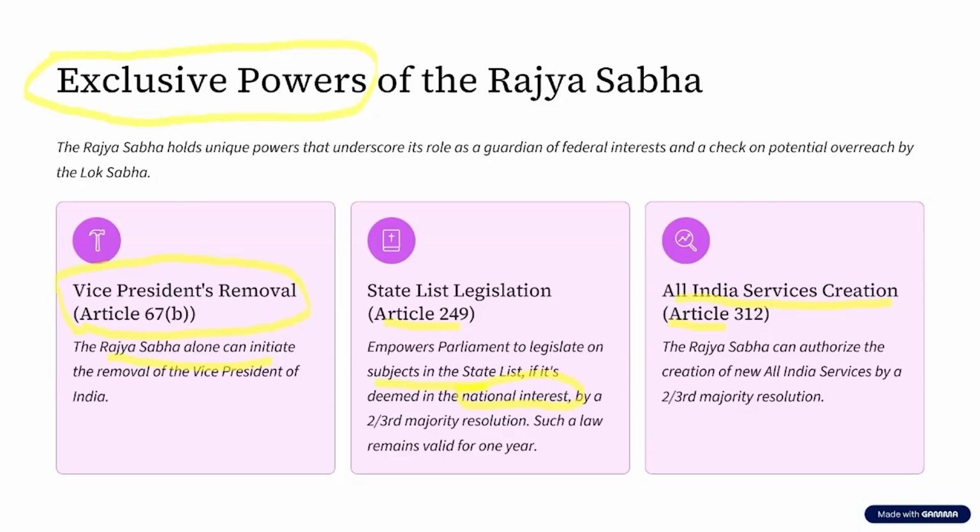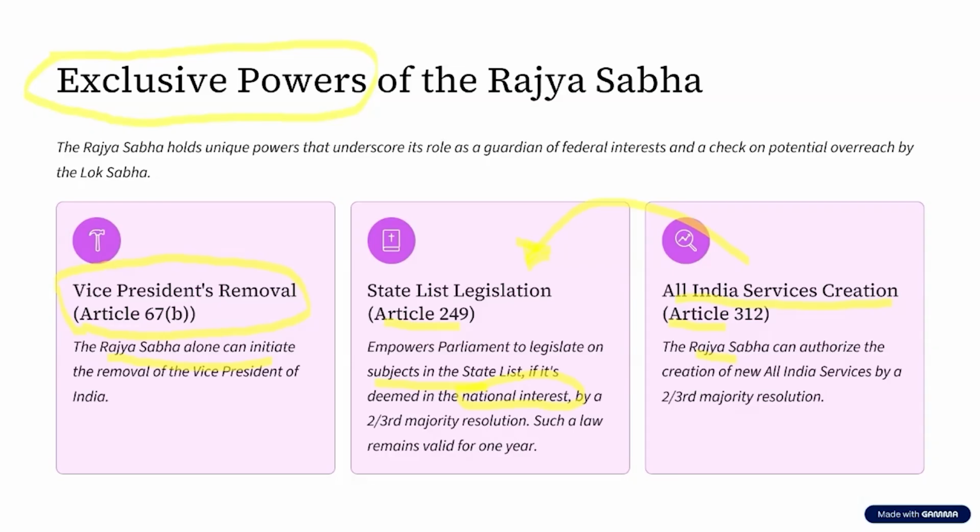No. The creation of a new All India Service also has to be approved by the Rajya Sabha, the same procedure as in the previously discussed case. That is, Rajya Sabha has to pass a resolution out of the members present and voting, saying that a new All India Service has to be created.